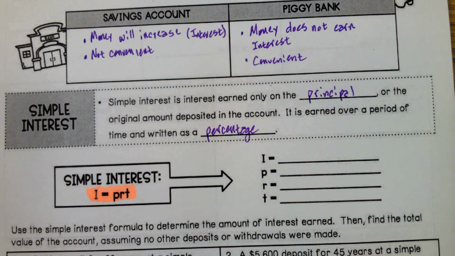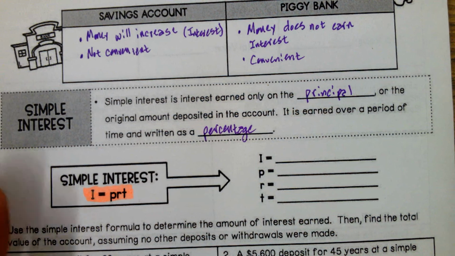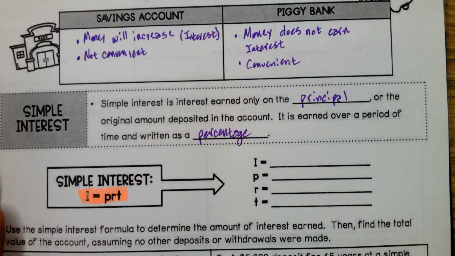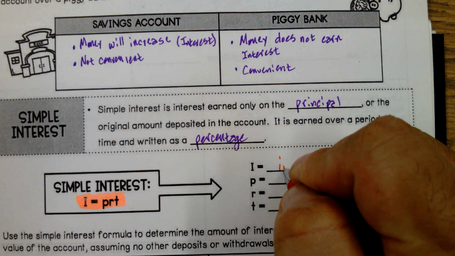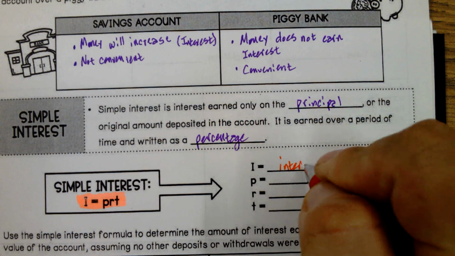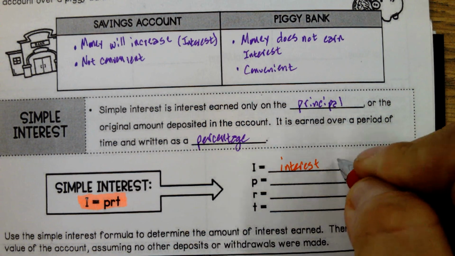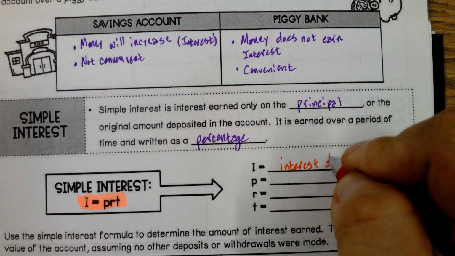We're going to talk about what all those letters mean. Okay. So let's start with I. That stands for interest. And that's basically the money.